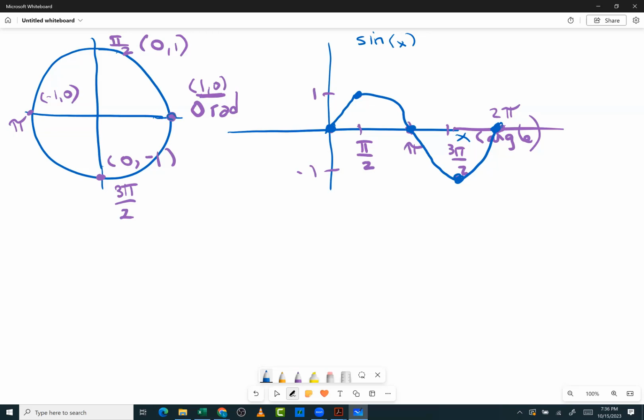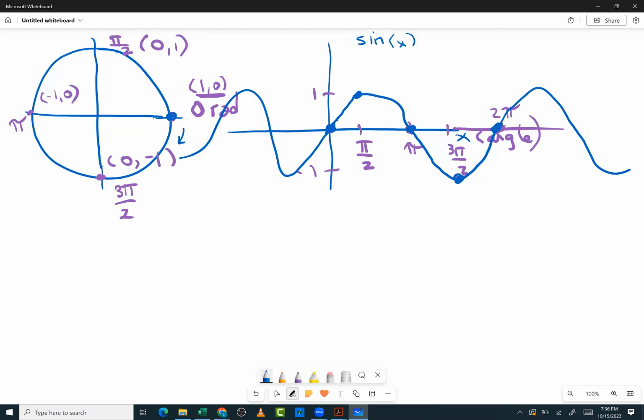Then I'm going to do the same thing again, so it's just going to keep going on forever, because I can keep going around that circle over and over. And I can go backwards too, which is a negative angle. So it goes in both directions infinitely, from negative infinity to positive infinity.